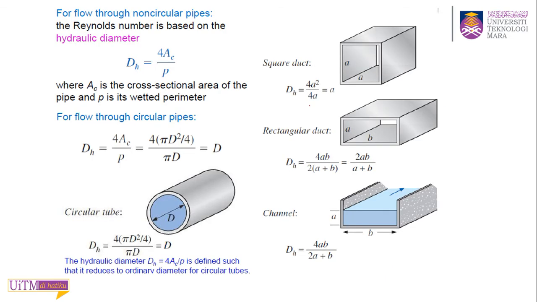Alright. I write the Reynolds number equation again: it is equal to rho times V average times D, the diameter, over mu. So the Reynolds number always depends on this diameter, or what we call the hydraulic diameter.